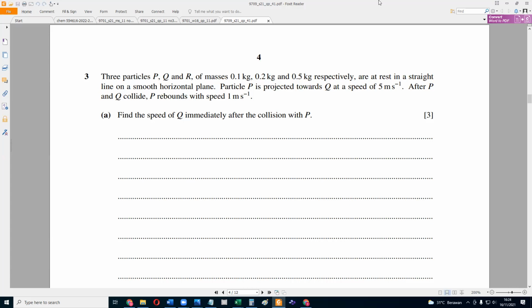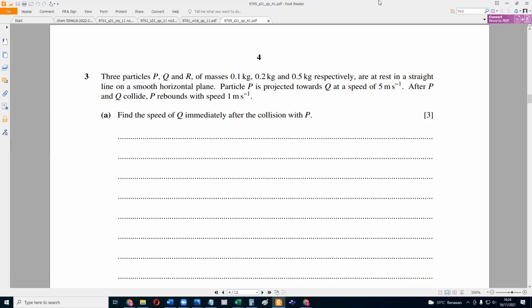Oh, okay. So in this case here, as usual, collision, speed, and velocity, that's about momentum. The total momentum before must be the same as the total momentum after. Before, with particle P being 0.1 and particle Q being 0.2, the momentum of P is 0.1 times 5, positive because going to the right.